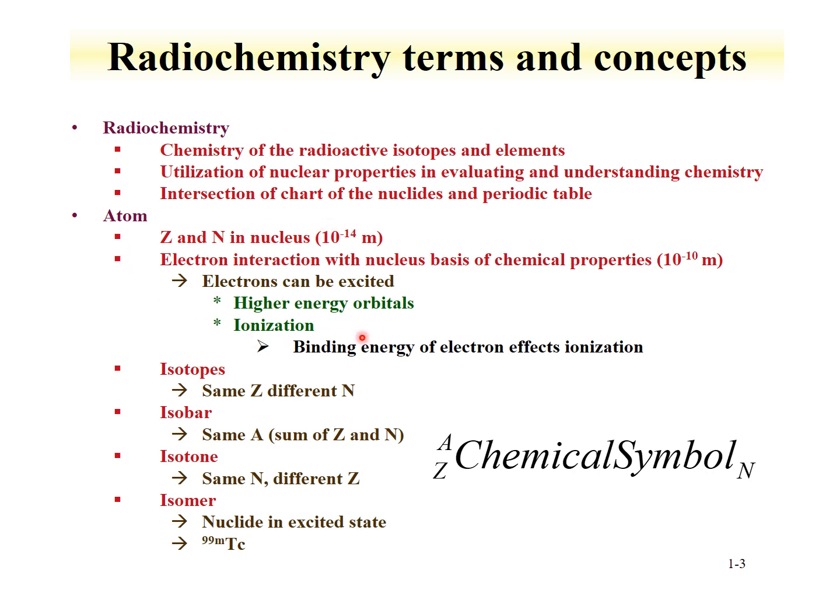And electron interactions with the nucleus, that's going to be the basis of chemical properties. Electrons, those orbitals are on the order of 10 to the minus 10 meters. So the bulk of the radius and volume of an atom is composed of electrons, but the bulk of the mass, the small area, is occupied in the nucleus.